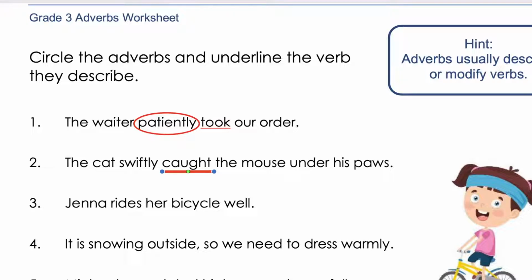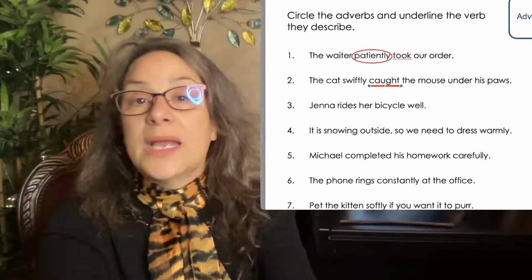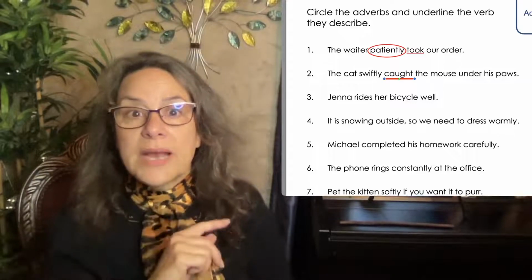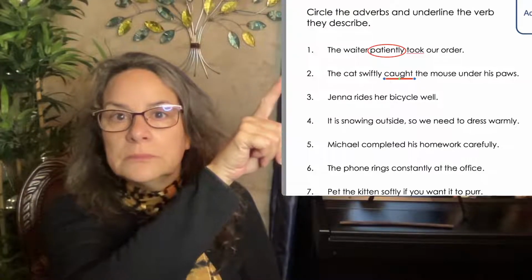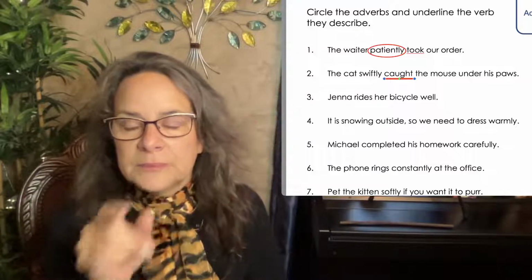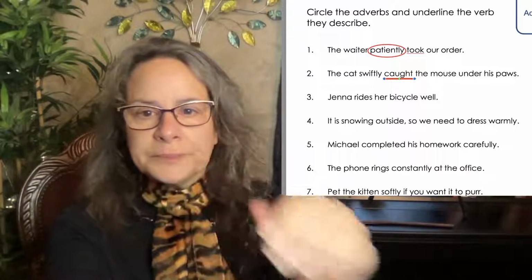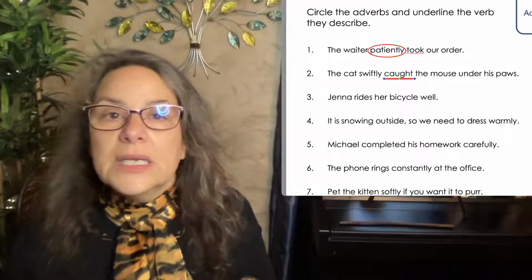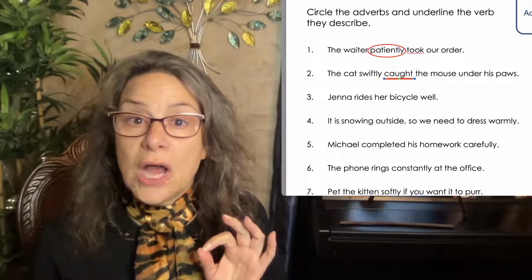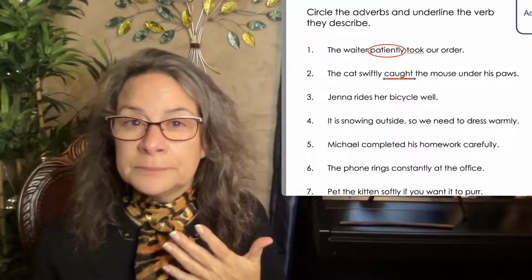Now, I want to ask you a couple other things about the verbs so that we can get a good review in and see how much we've learned, all right? So we have the verb caught, okay? So, first of all, is caught an action verb or is it a linking verb?